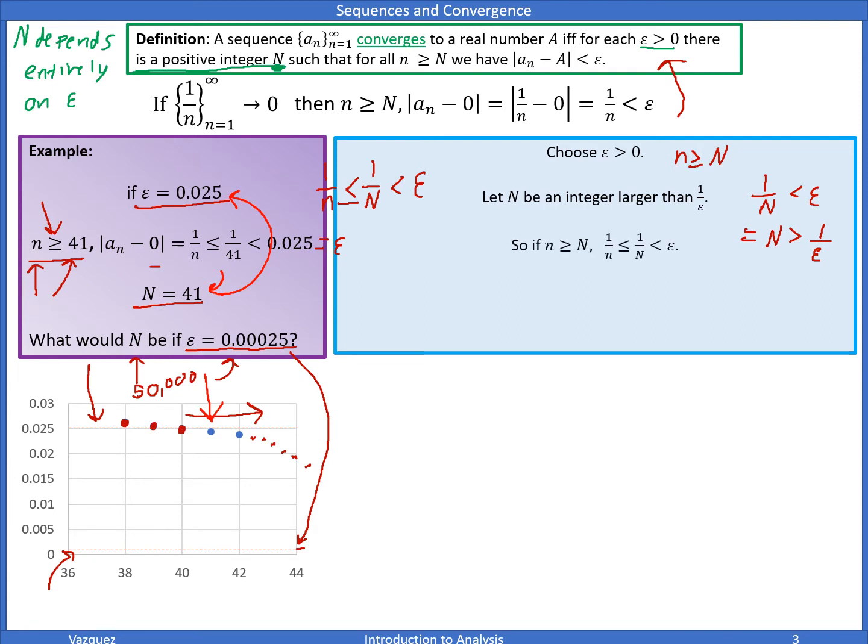So if n, little n, is greater than bigger N, well then this fraction is less than this fraction, or the value is less than that value, and this one is less than epsilon, since again, this over here, big N being greater than 1 over epsilon, implies this one up here, that 1 over n is less than epsilon.